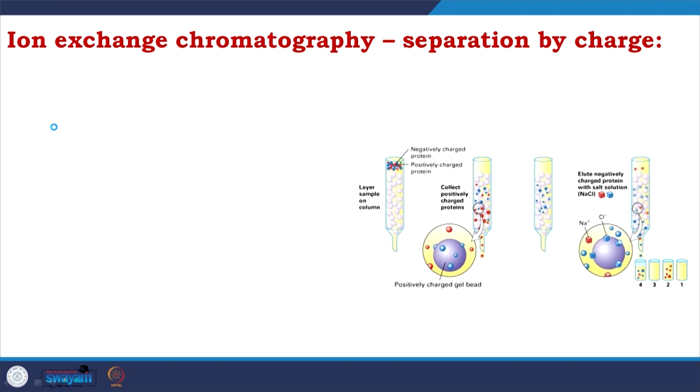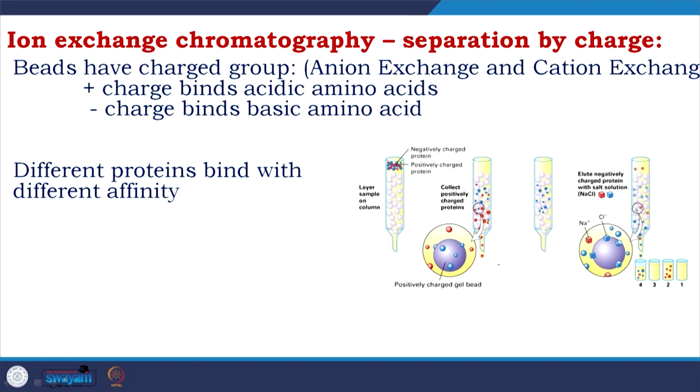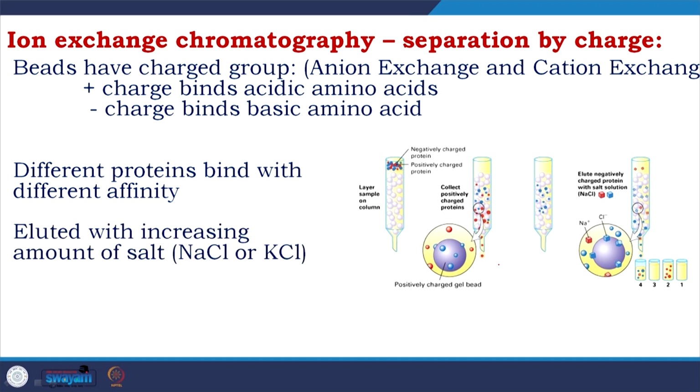Coming to ion exchange chromatography, separation by charge: if you see the beads, they are positively charged or negatively charged. So, beads have charge groups, anion exchange and cation exchange. Positive charge binds acidic amino acids and negative charge binds basic amino acids. Different proteins bind with different affinity depending on their content of positive or negative charge amino acids.